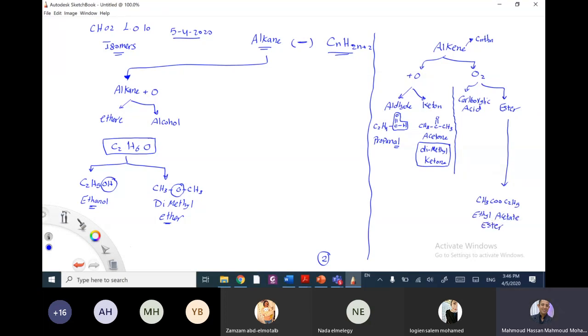The functional group in this case is COO. COO is the functional group of the ester.